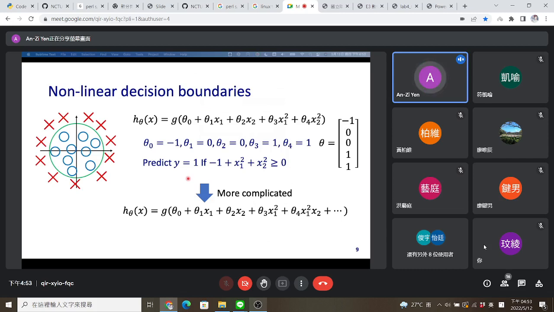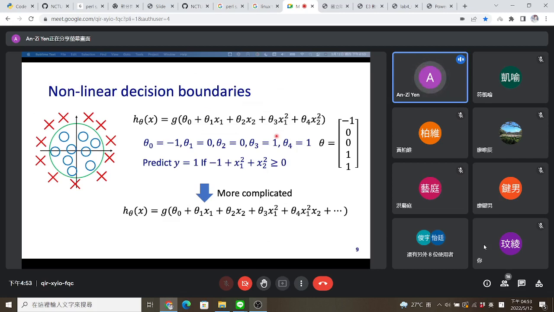Okay, so if our example is more complicated, for example like this, how can we get logistic regression to fit this sort of data? And the answer is we could add extra higher order polynomial terms to the features.